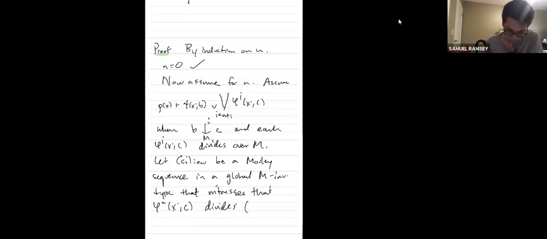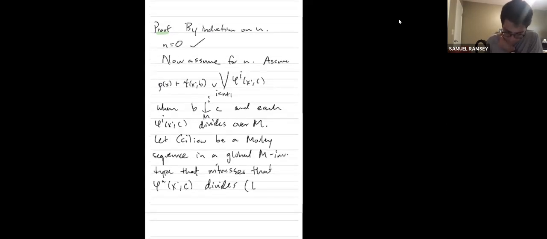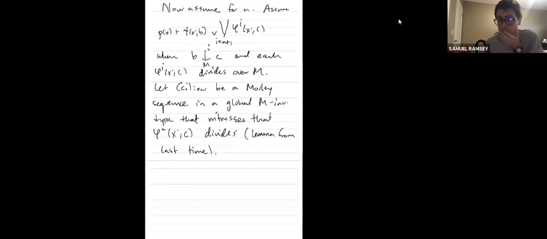This is something we can do by the lemma from last time. And let's call this C bar, just to give ourselves some notation.